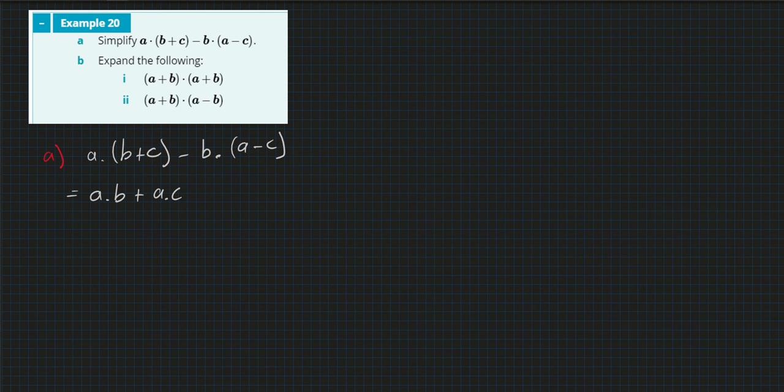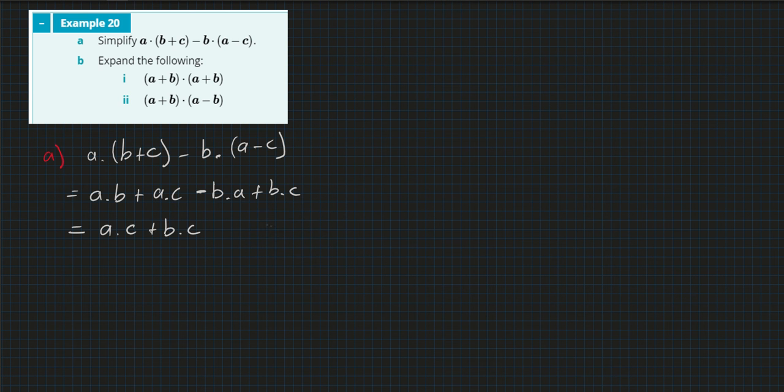And that's A dot C, and then we've got minus B dot A, and minus B dot minus C is plus B dot C. And remembering that A dot B is the same as B dot A, so these two cancel out, so we're left with A dot C plus B dot C. And they're wanting us to leave it simplified or expanded like that. You could go another step and say that that is actually equal to (A plus B) dot C or vice versa, but you don't need to for this question.